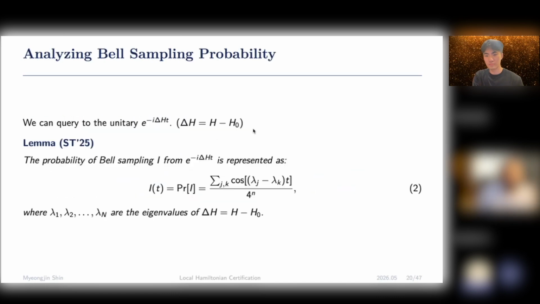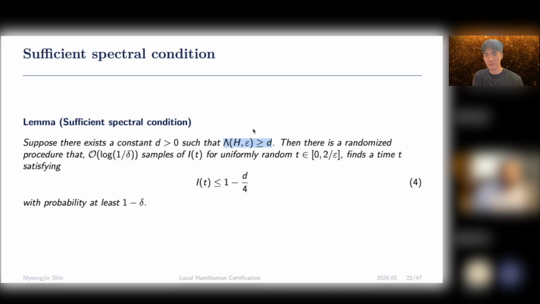Can you give me some intuition about this lemma? Maybe it is better to directly see the paper, but the intuition is we can just use some probability bounds. And as you said, we can use some integrals, and by using some probability bounds, we can prove it simply. It's not that hard, so maybe it would be better to look at the paper. Okay, sure. Thanks for the question.